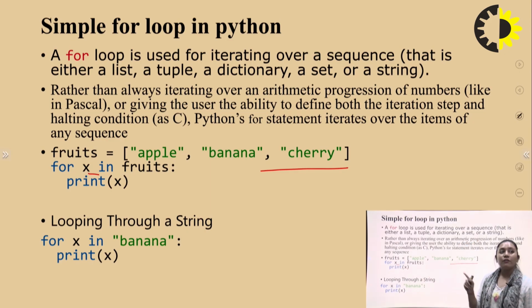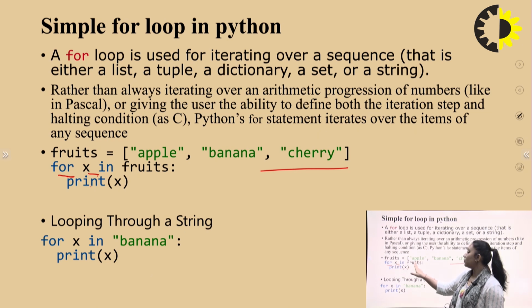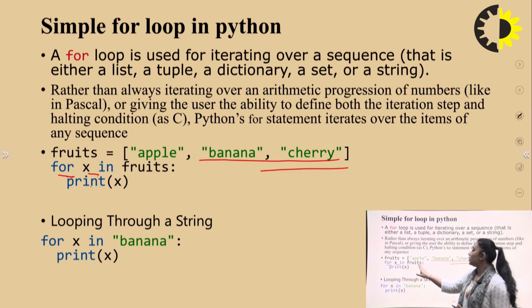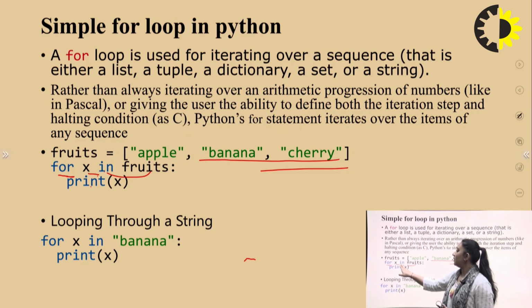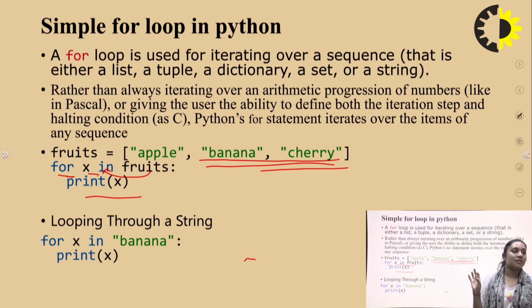We use the for keyword: for X in fruit. So the data of the fruit list is stored in the X variable, right? And at last we use print X. So it prints the values written in the fruit list, right?